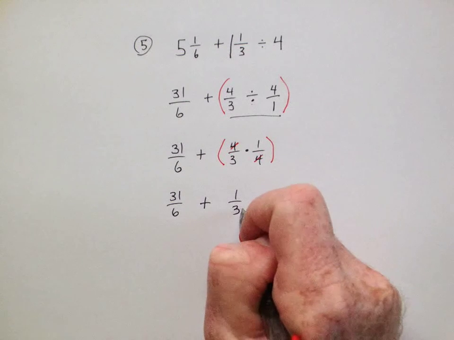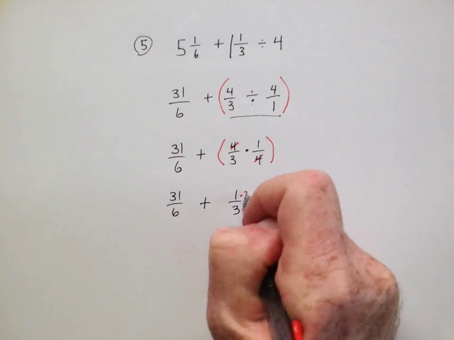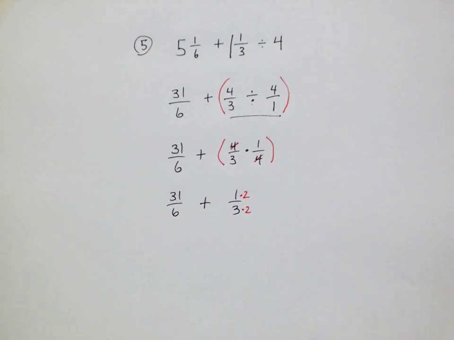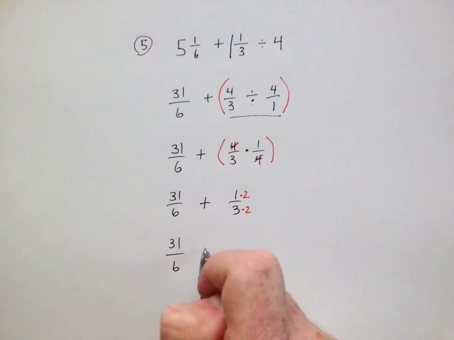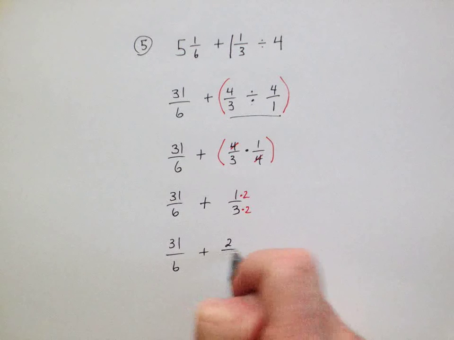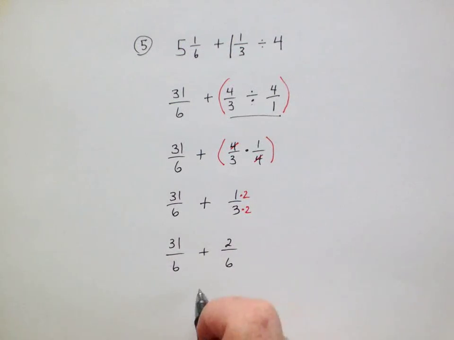So this one needs to be multiplied by 2 on the top and the bottom. So it's going to be 31/6 plus 2/6. So that would be a total of 33/6. 6 will not divide into 33, so it can't be reduced.